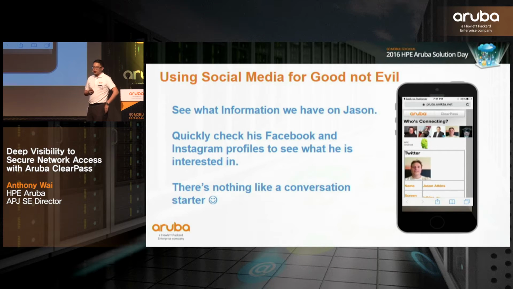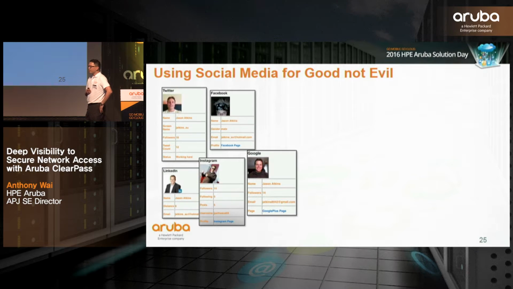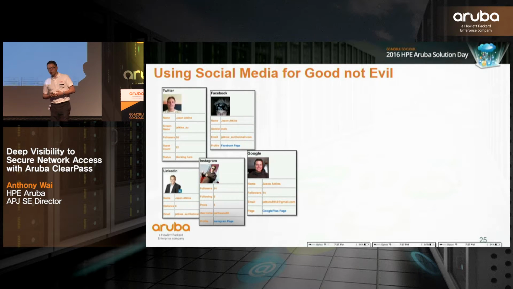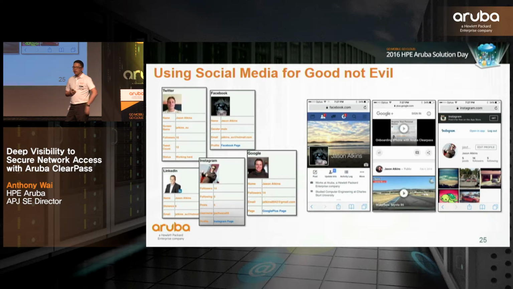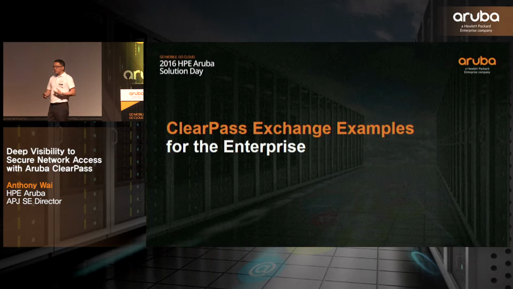We actually did that again at a conference with some of the SEs. We pulled out a whole bunch of social media information on these people, then tried to link it to all the social media accounts they have, and saw the impact it makes. You can have a very good conversation the first time you meet people, because you know more about them.